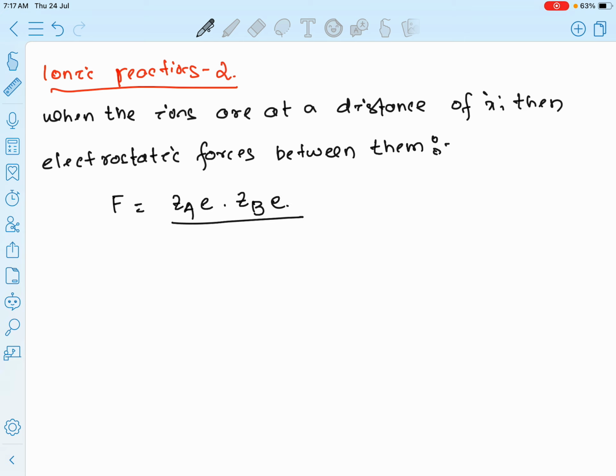What is E? E is the minimum amount of charge, that is E is equal to 1.6 into 10 to the power minus 19 coulomb. ZB can be positive or negative, depending upon the ion, and divided by epsilon x square.